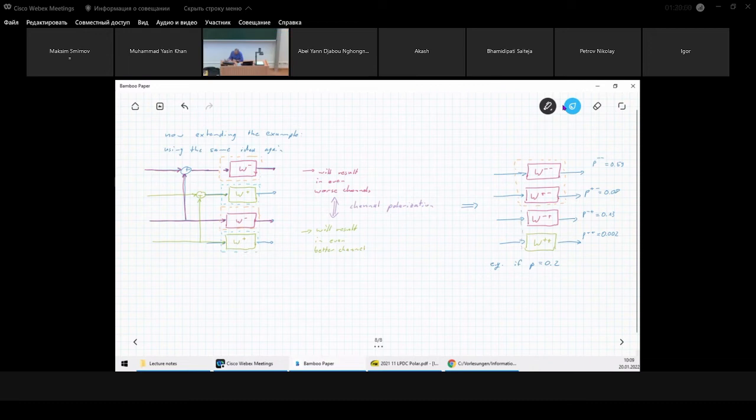These two resulting channels. We will see this more clearly in an example.